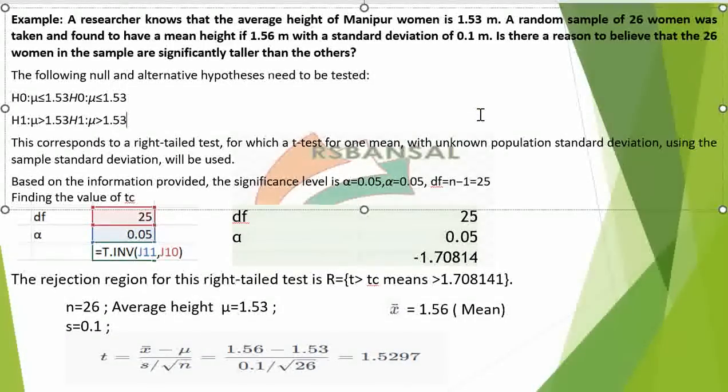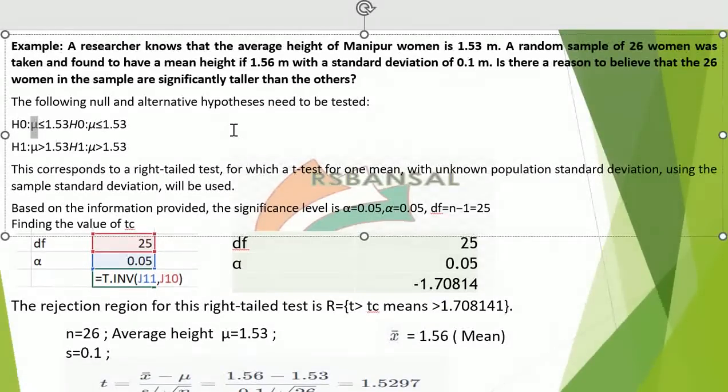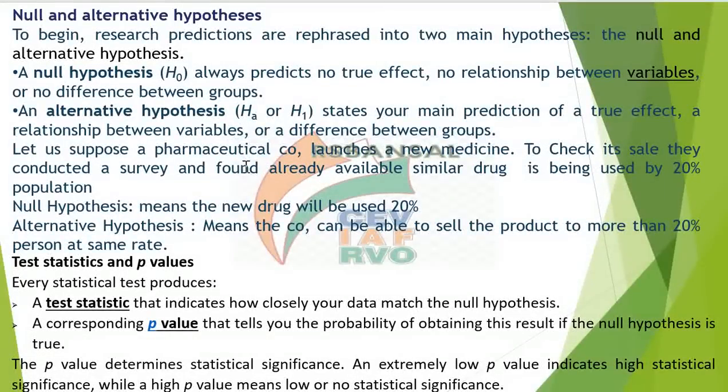For that we will first assume that the null hypothesis exists. And if a null hypothesis is applicable, then it is not needed to find out the alternative hypothesis. See here, what is mu basically?